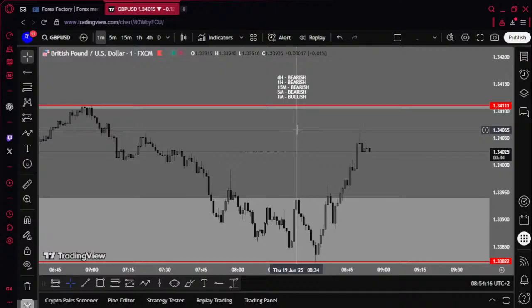So that is why I use the 1 minute for my added positions, and the 5 minute I use for my original position, because I found that if you use the 1 minute for your entries, especially if you also include the 4 hour and 1 hour in your strategy, you'll have inaccurate entries like 70 to 80% of the time.